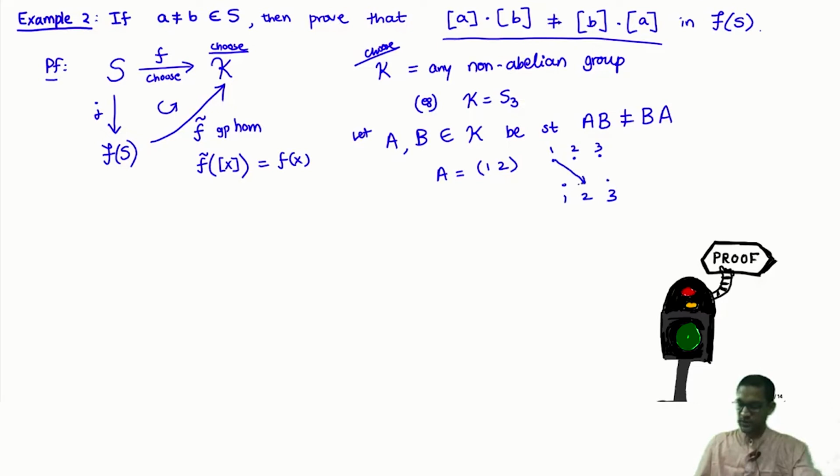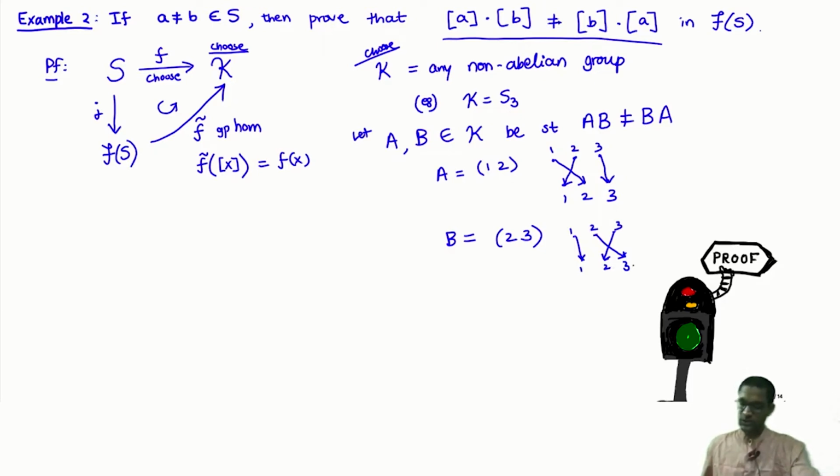So it's a bijection of the set {1, 2, 3}. 1 goes to 2, 2 goes to 1, and 3 goes to 3. So this is the permutation A. The permutation B is a similar thing. It's (2 3). So again, in terms of our diagram, 2 and 3 are exchanged and 1 goes to 1. Okay, so that's the definition of A and B.